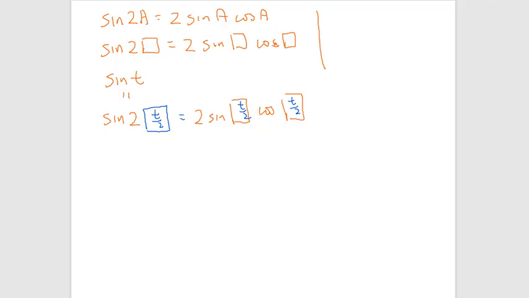From the formula sine 2a is 2 sine a cosine a, you just replace all the a terms by boxes. Because you want sine t, it's 2 times t/2. So sine t is 2 sine t/2 cosine t/2.